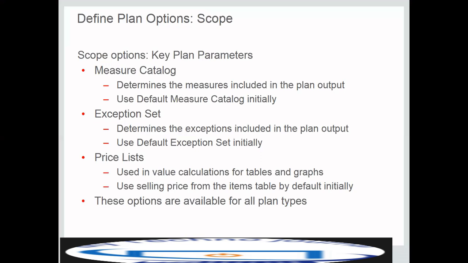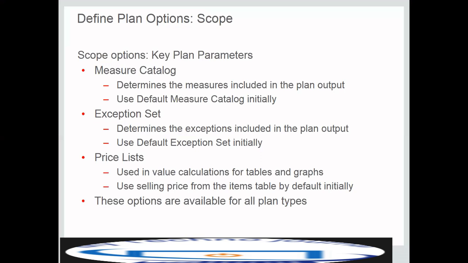So I can decide what measures I want to view in a particular plan output. There are some 200 odd measures out of the box provided by the system, and do I want to see all the measures in the plan output, or specific measures which make sense for me for further analysis, on which I can focus?